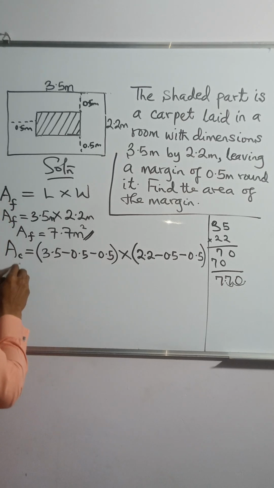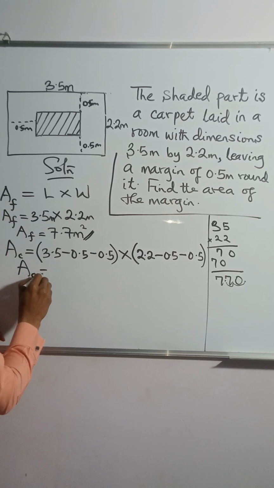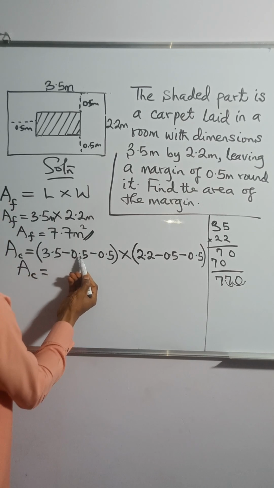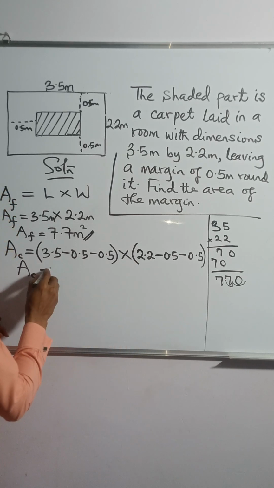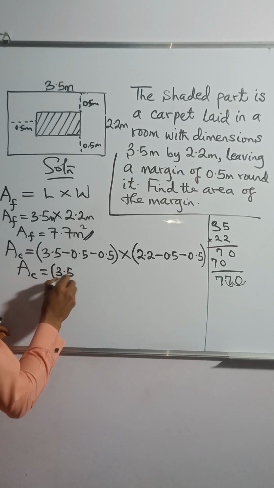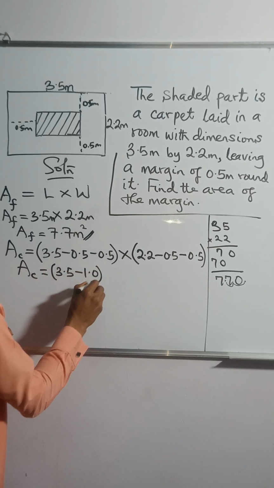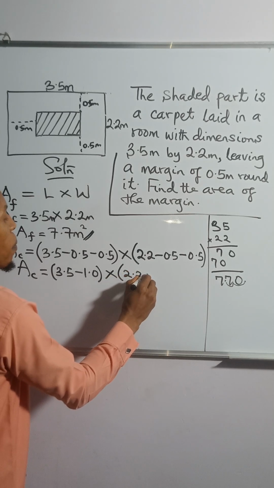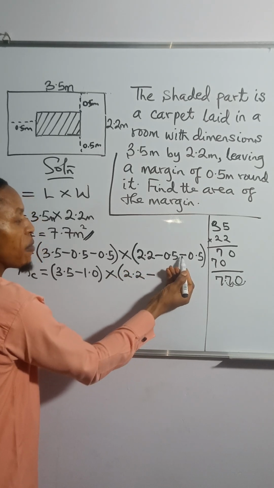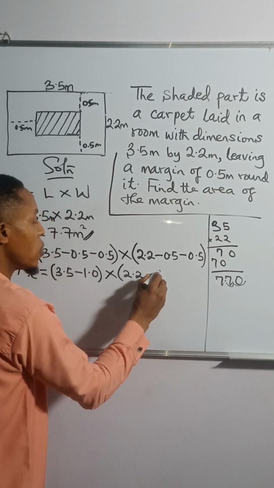Okay, so the area of the carpet will now be, 0.5 plus 0.5 is 1.0. So we are going to have 3.5 minus 1.0 multiplied by 2.2 minus 1.0.